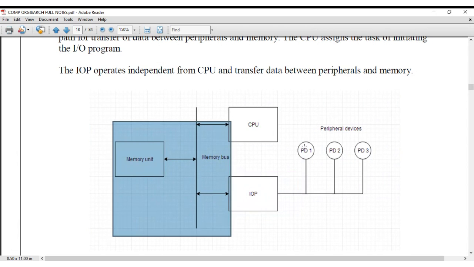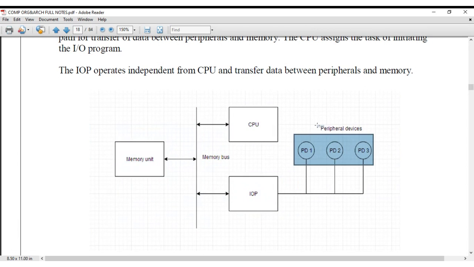So peripheral devices, again, as we said in the previous classes, are devices that are connected to the computer externally. They are not inside the system unit, right? They are not mounted on the motherboard. They are connected externally.